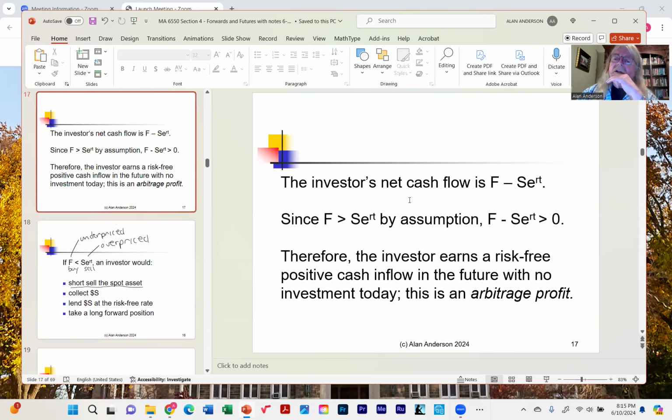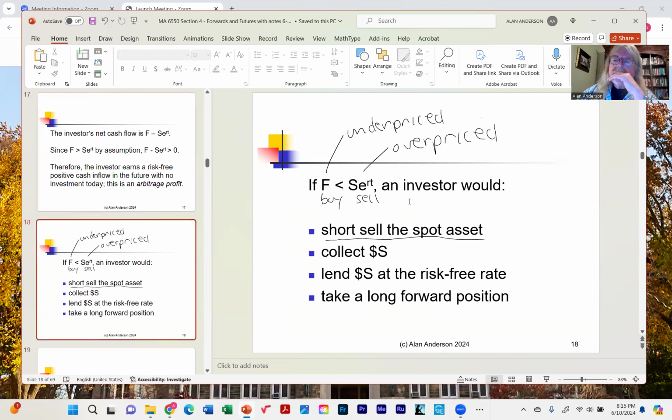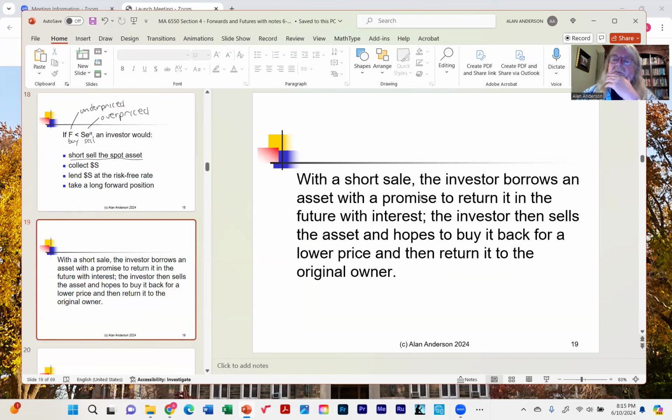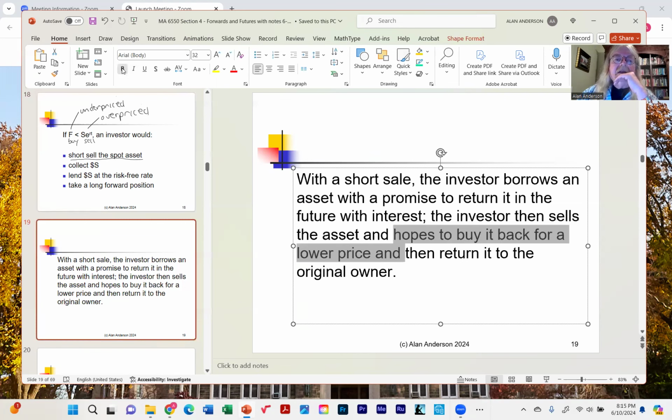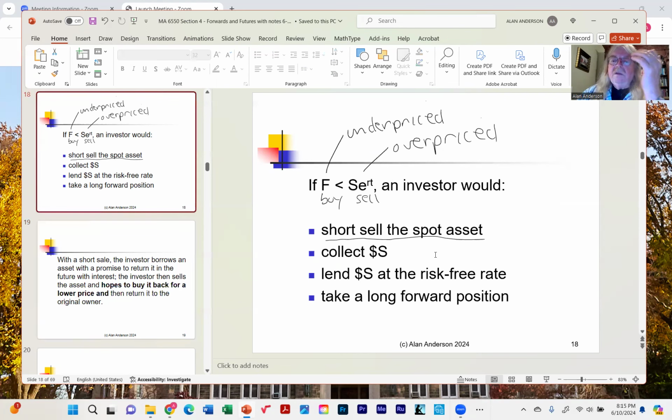So unlike here, where we hope to buy it back for a lower price, here it's guaranteed. We know we can buy it back for F because we're entering into a contract to do exactly that. So this is going to leave us with an arbitrage profit.